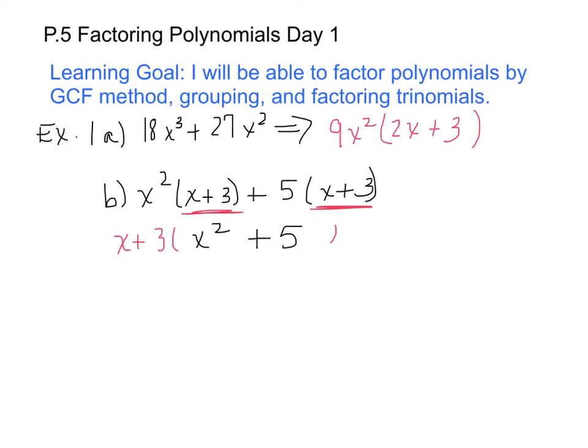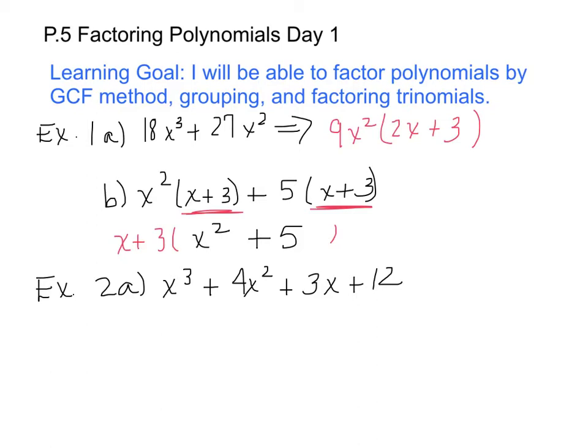Okay? Then we have what we call grouping. When you have grouping, you're still kind of doing GCF. But what happens is there's no common factor to all of these terms other than 1.